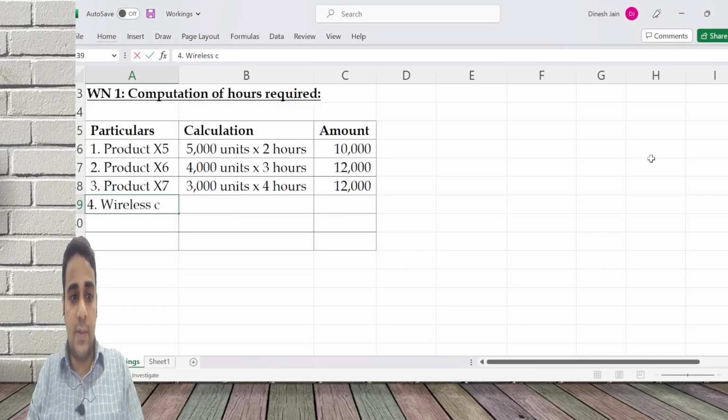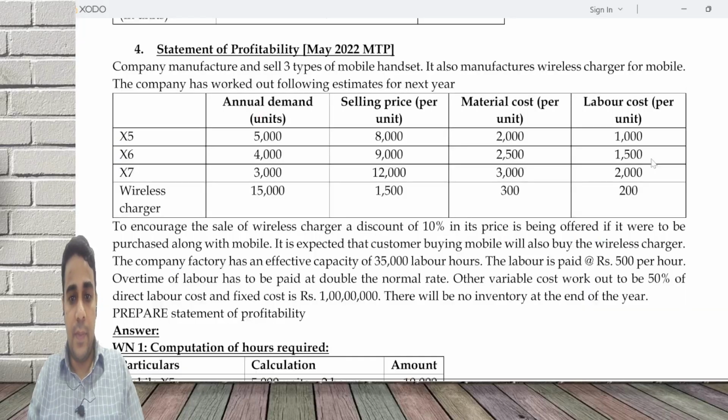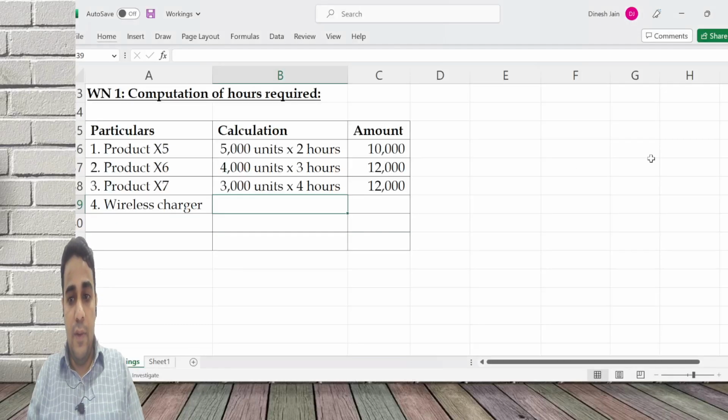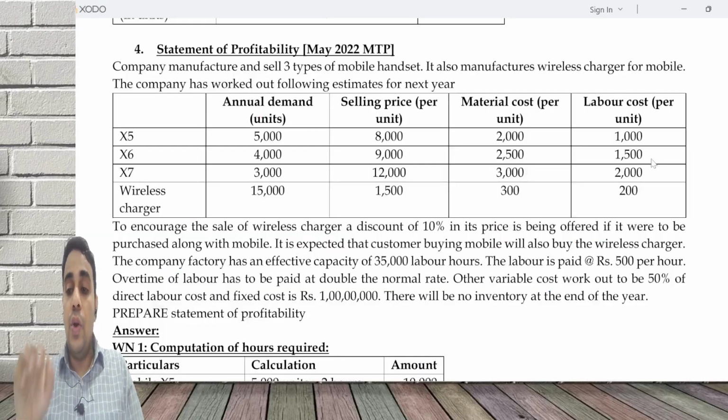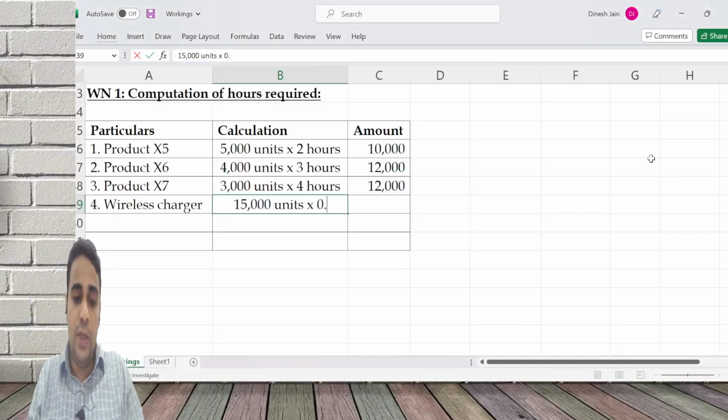Wireless charger: 15,000 units, and the labor cost per unit is 200. At 500 rupees per hour, that is 0.4 hours.